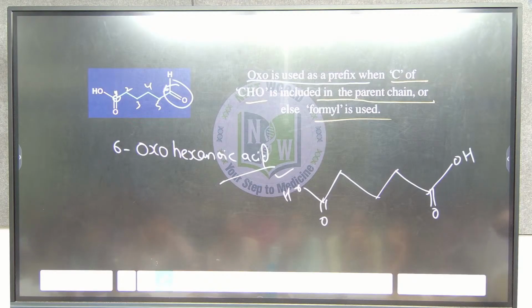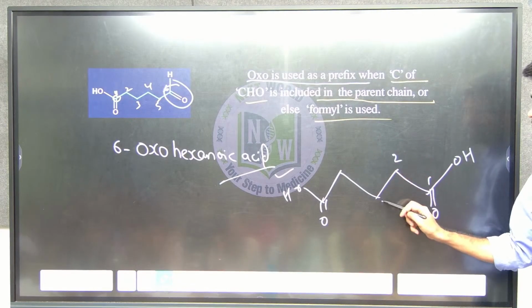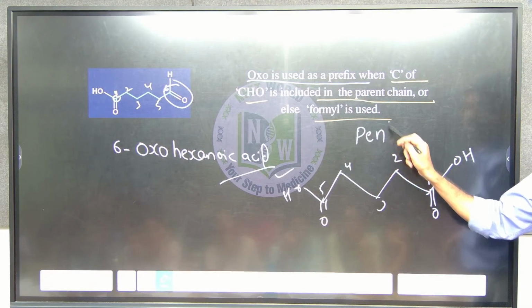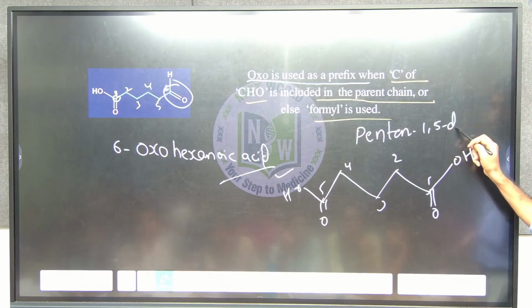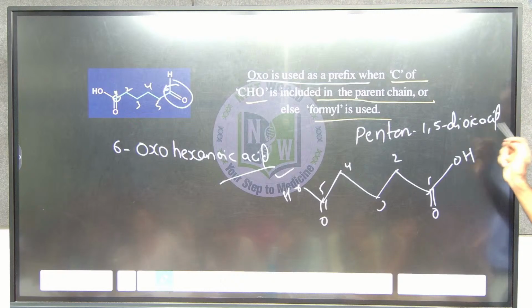So now tell me what is its name? See, 1, 2, 3, 4, 5. So I can simply say pentane-1,5-dioic acid. Pentane-1,5-dioic acid. That's it.